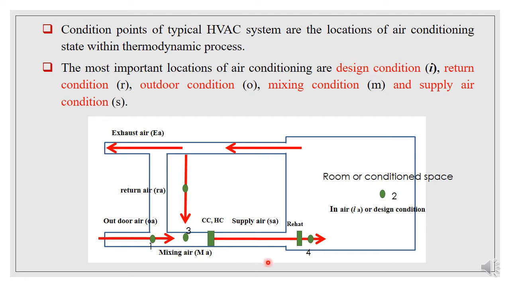It is conditioned in this part and supplied to the conditioned space. Some portion of the return air will be exhausted to the ambient, and a portion of it will go back as return air and mix with the outdoor air, and the cycle repeats.